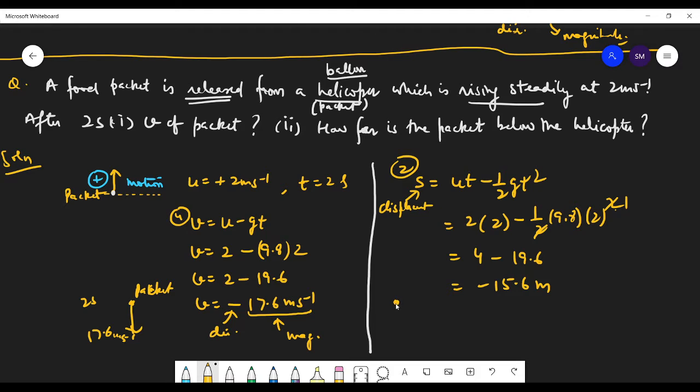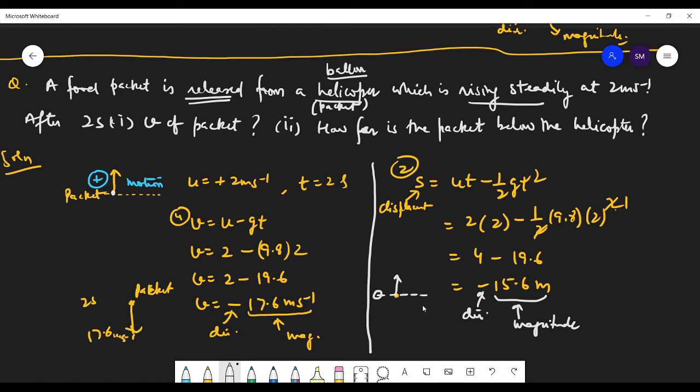So that was where the packet was released. Okay. So the packet was released from here, and from here the upward motion started. So that was your origin. So now from the origin, this is the magnitude of the displacement, how much it is away from the origin, and this is the direction.